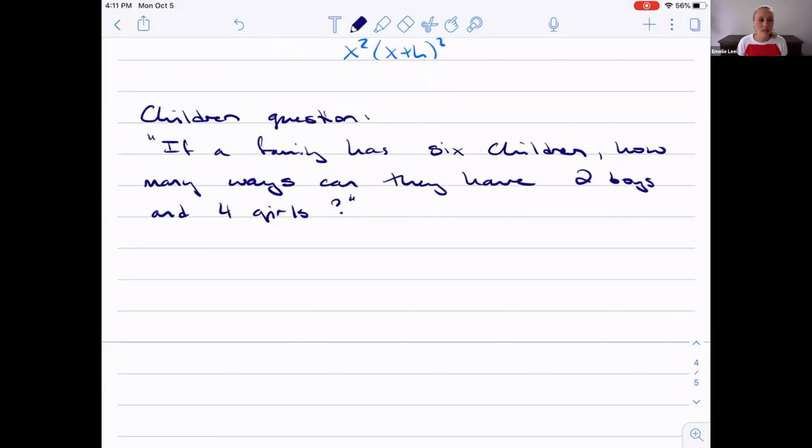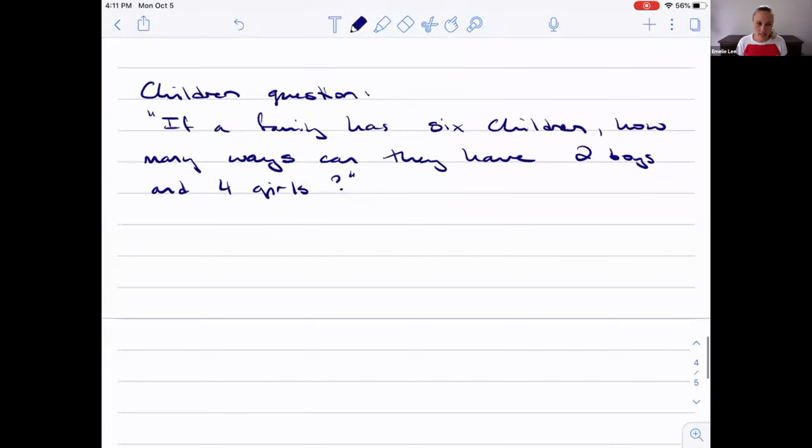So here, what we're saying is, if we have 6 kids, then I like to visualize things like this: 1, 2, 3, 4, 5, 6, right? Then I could have 2 boys and 4 girls.